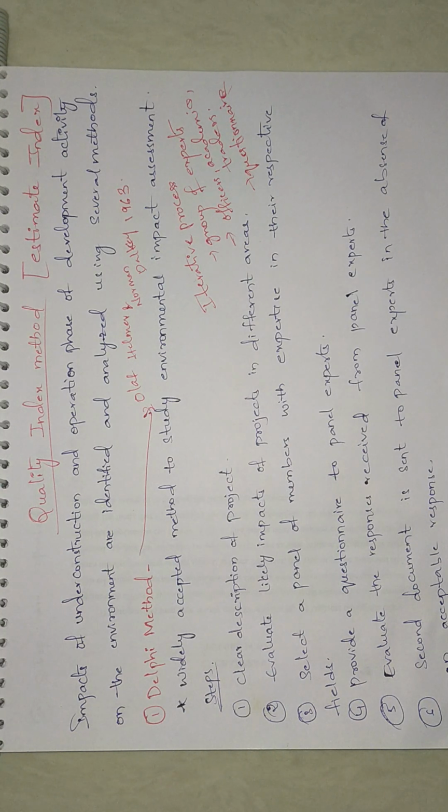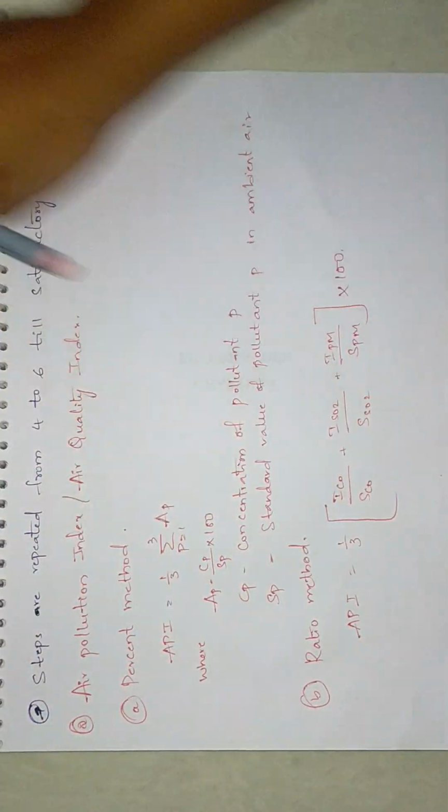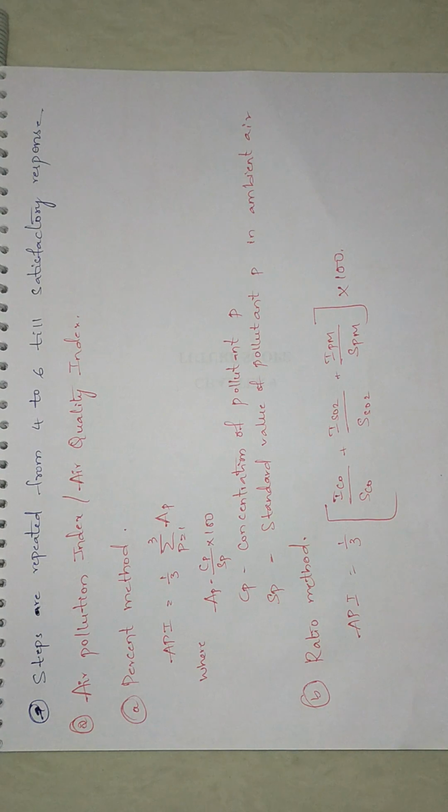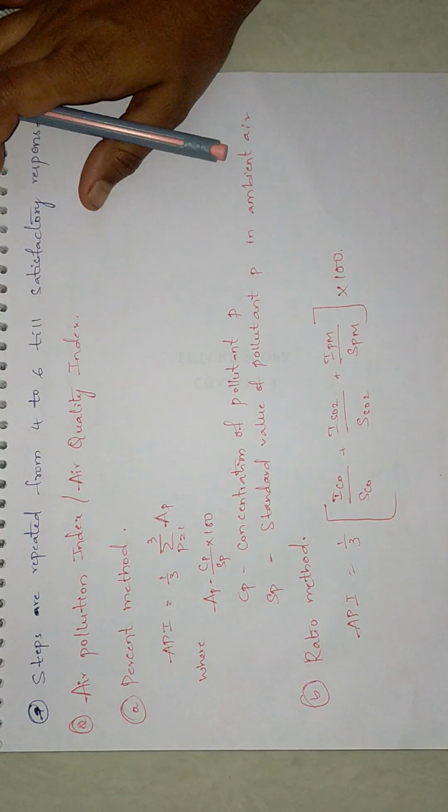For every iteration they evaluate the responses received. Different experts give different answers, so they take all these answers and review them. Once reviewed, they go for further iterations. The steps are repeated until a satisfactory response, that means until we get the desired response.